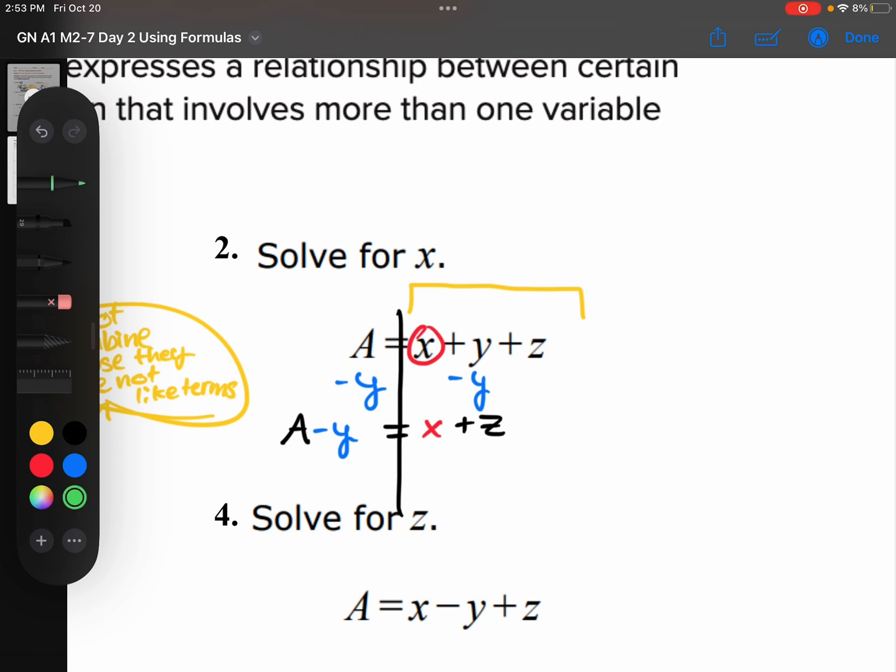Then from here, we have to subtract z to get x by itself. So your final answer is going to be a minus y minus z, because they cannot combine. They're not like terms. And then we're equal to x. Okay, so that is your answer for 2.